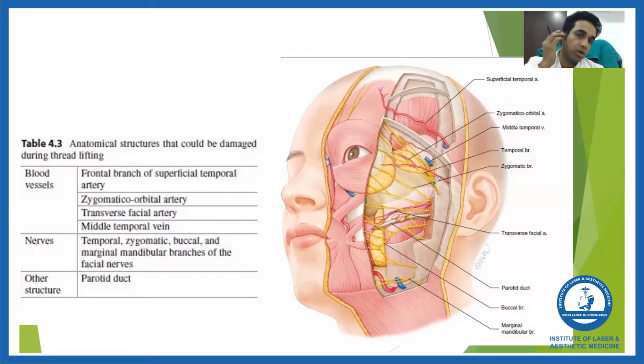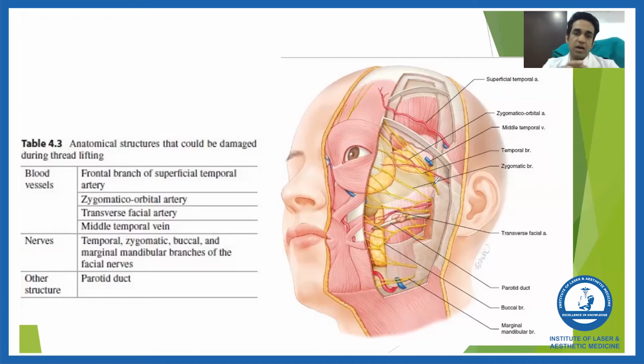Then superficial temporal is 18 millimeters ahead of the tragus, 37 millimeters ahead vertically. In the next phase, I'm going to tell you exact millimeters where you will find these landmarks in most of the population.